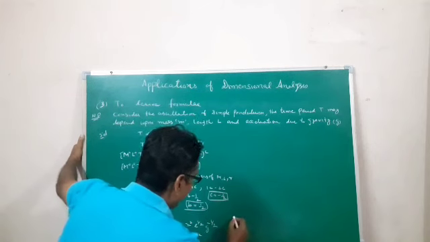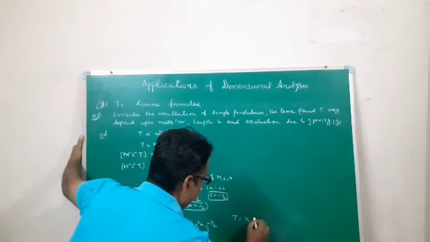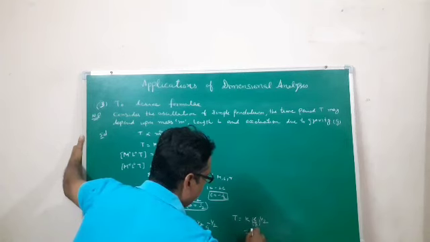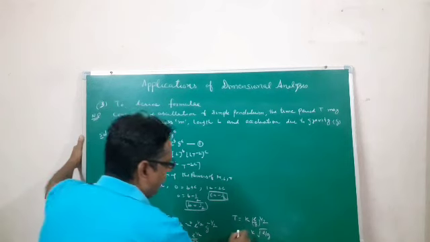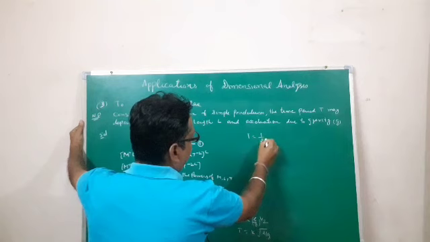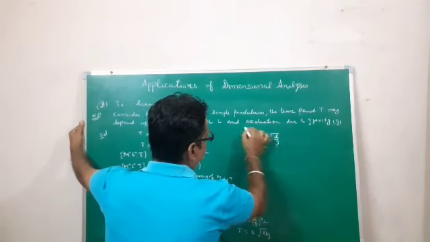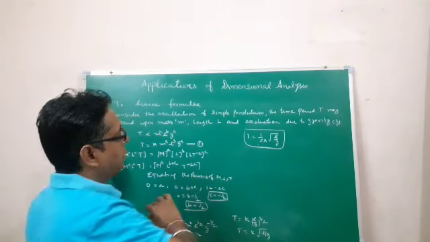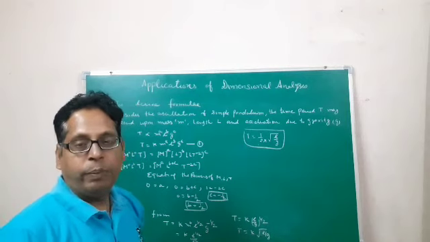So ultimately what I will get is T equals k times L upon G raised to power 1 by 2, or you can write T equals k under root L upon G, right? If we put k equal to 1 by 2 pi, this formula will take the shape of this: time period T is equal to 1 by 2 pi under root L by G.